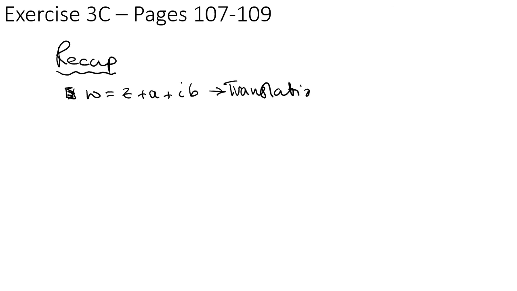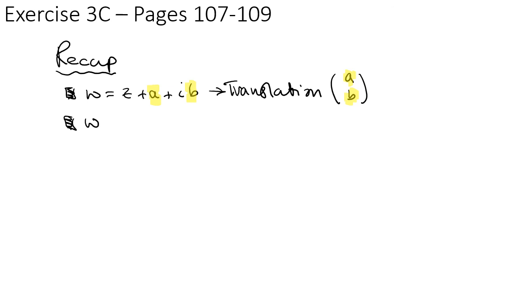So we'll start with a quick recap, looking at the different types of transformations. When we have a transformation like this, plus ib or bi, this is a translation of the form (a, b), and a and b we can just get from these two values. So if we recognize that, we can go ahead and just state it's a translation.